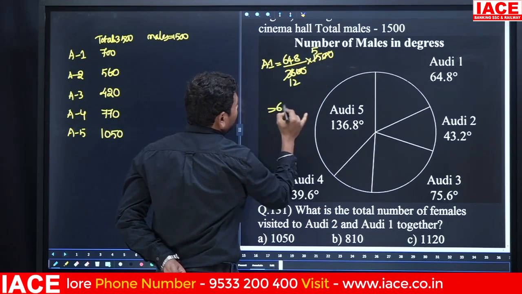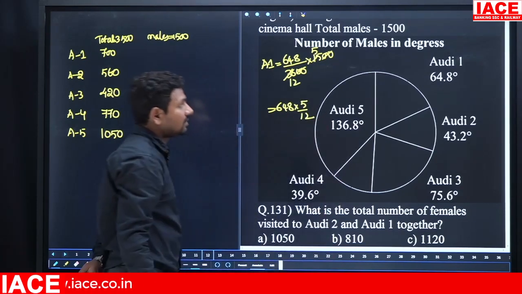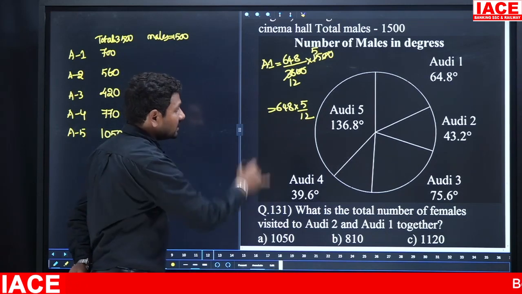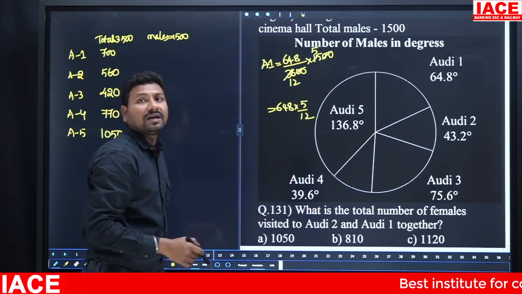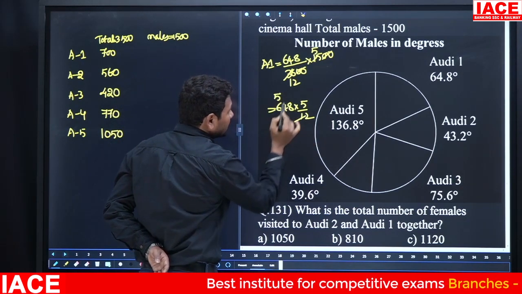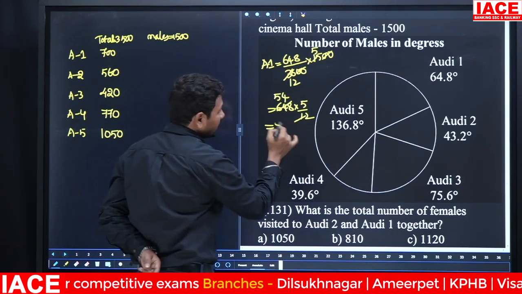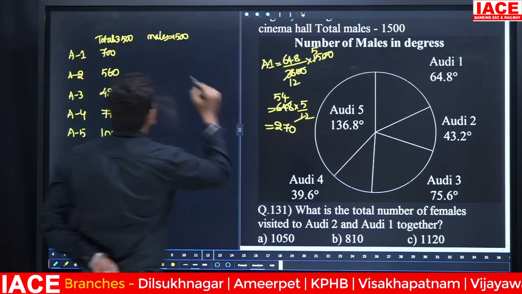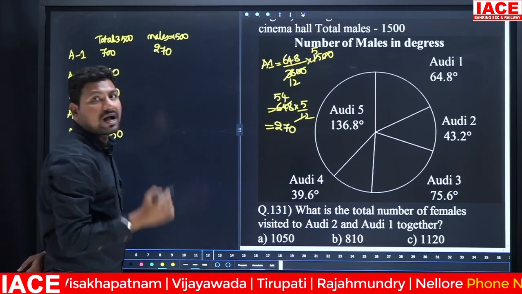Here 648 is multiplied by 5 by 12. Every degree value contains a decimal, so every term will be multiplied by 5 by 12. 12 5s is 60, 12 4s is 48, then 54 5s is 270. So out of males, 270 people belong to the RD1 show.